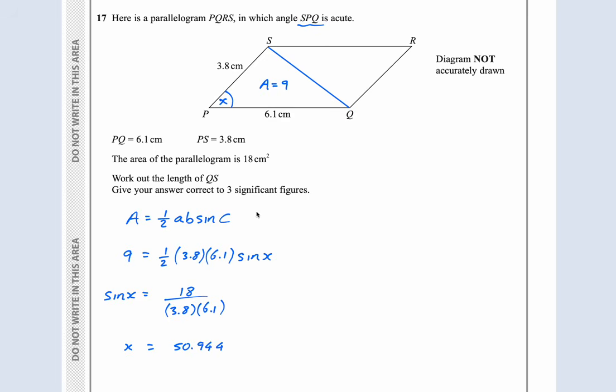Okay, fine, but that's not what they're asking me. They're asking me to find the length QS. But once I have these two sides and the angle between, I can use the cosine rule.